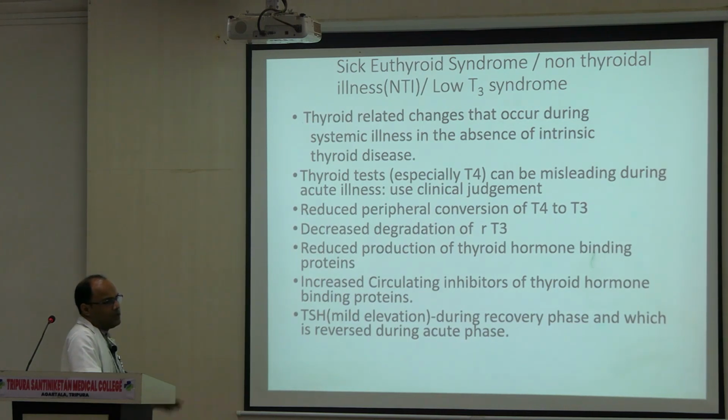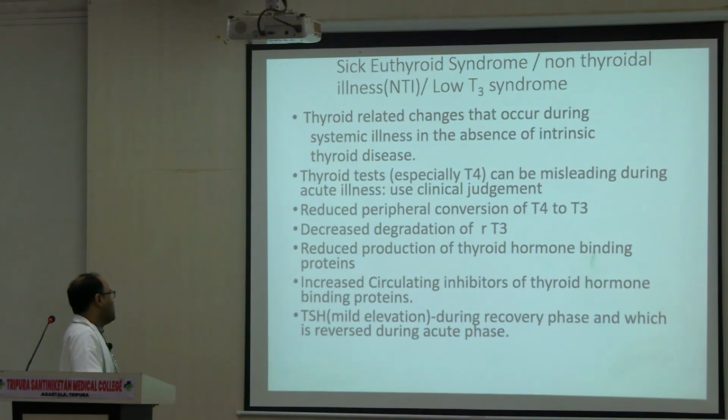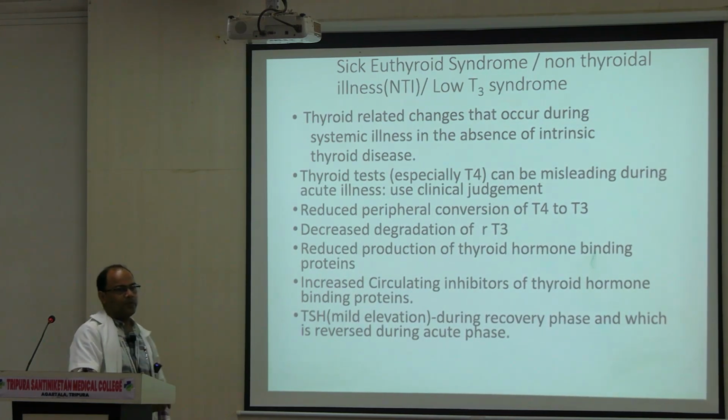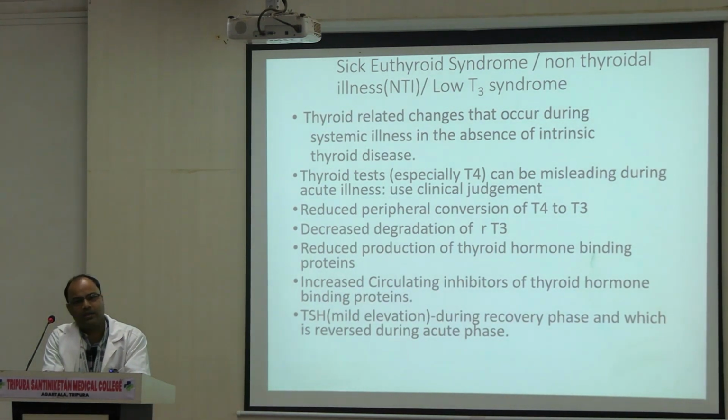There you may find low TSH value, low free T3 value, low T4 value, because of reduced peripheral conversion of T4 to T3, decreased degradation of reverse T3, reduced production of thyroid hormone binding protein, and increased circulating inhibitors of thyroid hormone binding proteins. TSH is mildly elevated during the recovery phase, which is reversed during the acute phase. So in the acute phase you find a low level of TSH, but in the recovery phase it may increase.